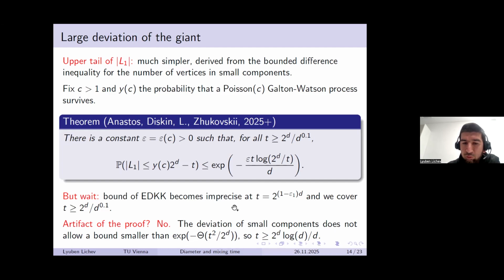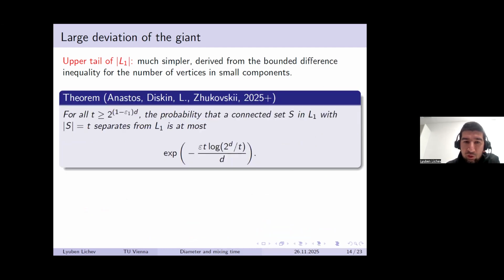If you compare these two expressions, the best thing we could have here is 2 to the d divided by d with some log correction. So there is no hope to just fill in the gap by looking at large deviations.